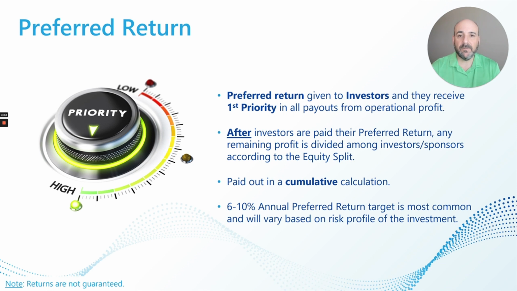And I think it's a very fair and smart way to do it. Typical preferred returns that we see are anywhere from 5-6% to maybe 9-10%. And it really depends on a lot of things and the potential risk that you're getting into. So it's good to understand the property and the investment that's in front of you.